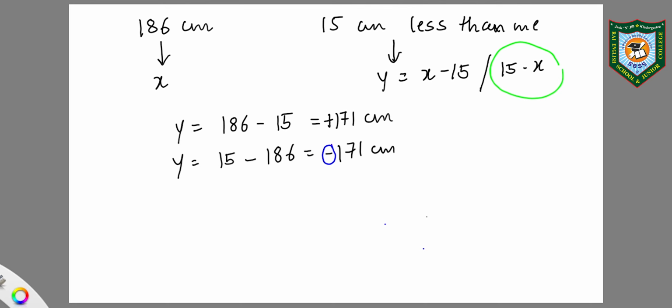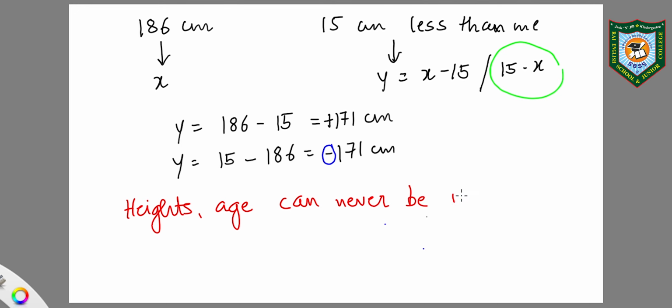So the one thing that we need to understand is that heights in this example, or let's say even age, can never be negative. So if they can never be negative, that means this value that we used is completely wrong.